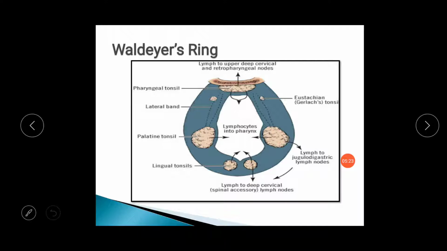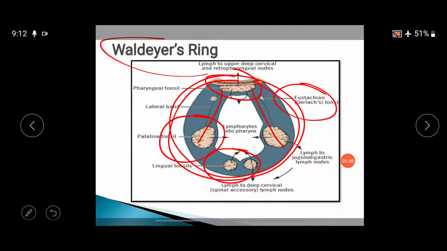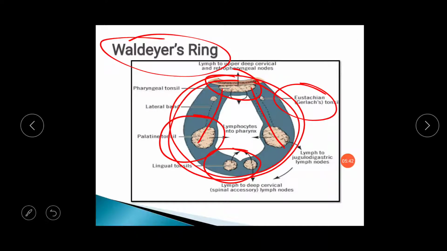Here you can see that the nasopharyngeal adenoid, palatine and lingual tonsils, the lateral pharyngeal bands and the tubal tonsil form a ring, and this ring is known as Waldeyer's ring. So Waldeyer's ring helps in the formation and maturation of different types of T and B cells and helps in the local immune and defense mechanism.